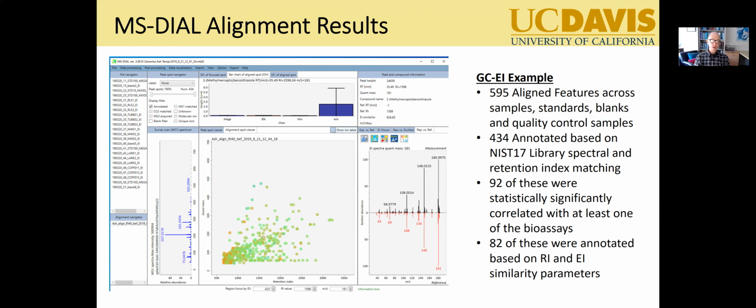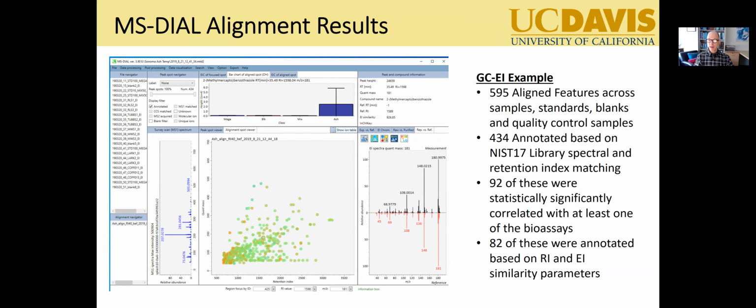So in this case, we're looking at feature number 425, which is methyl mercaptobenzothiazole. And you see that that was present in the ash at much higher abundance than it was in either mix or mega, which are two of our standards, which contain a number of target compounds. So what that tells us is this compound was not one of our target compounds, and it wasn't present in the blank in any appreciable way.